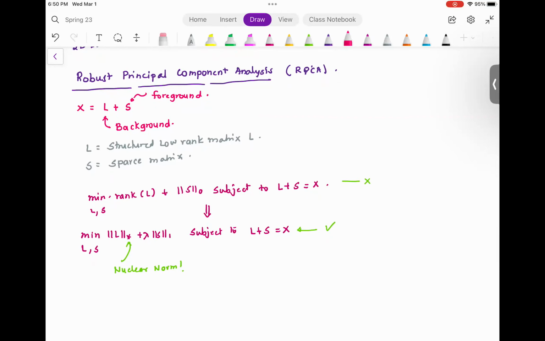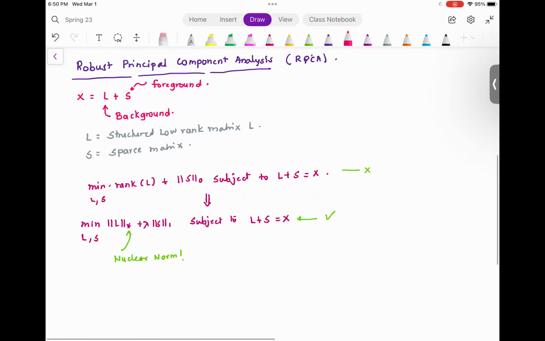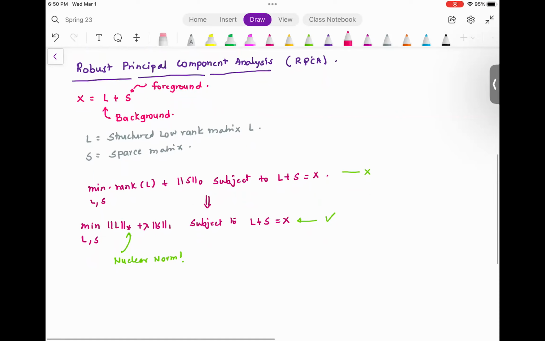And the next thing is you have to specify two important conditions on these matrices L and S. The first condition is that L is not sparse. You can't have a sparse matrix and another sparse matrix. You can't have two matrices with a bunch of zeros. So L is not sparse.